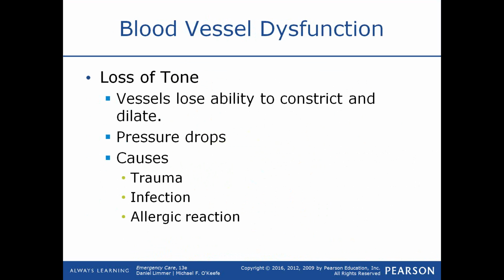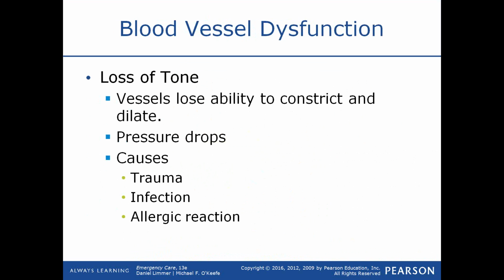Now, blood vessels can lose their ability to constrict and dilate. This is called loss of motor tone, and it does occur when you have spinal cord injury, perhaps with a meningitis or an encephalitis, an infection of the brain, or an allergic reaction will cause the vessels to fully dilate. Sepsis will cause the vessels to fully dilate.